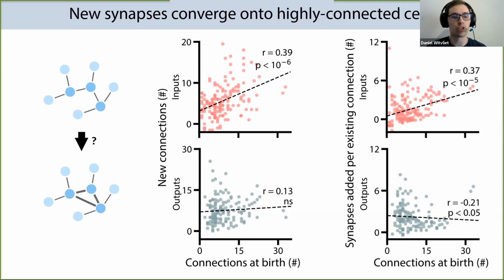The structure is already set up. There's minimal spine growth as well. There's some, but the majority of these connections happen along neurons that are already next to each other, making contact. So it's not clear what's actually causing it.